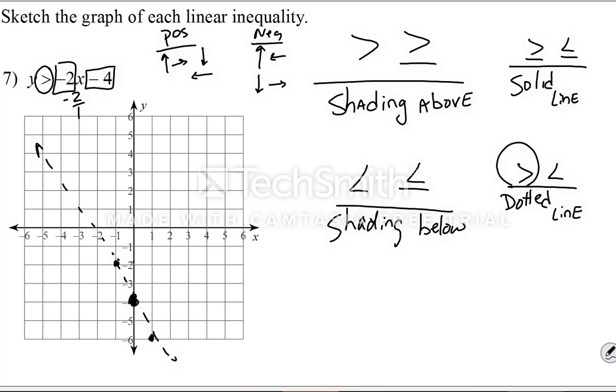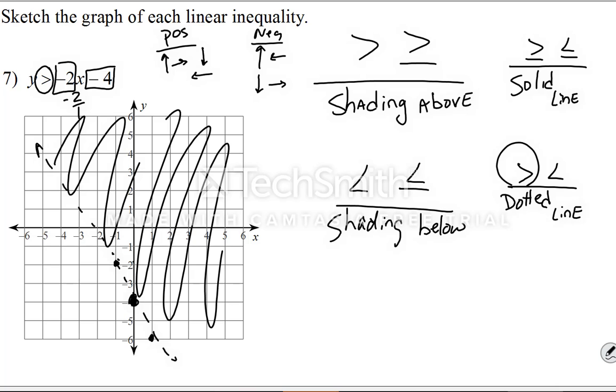Because the symbol says greater than, what numbers are greater than -4? It says shading above. So -3, -2, -1, 0 is bigger. That is why I shade above that particular dotted line, because all the numbers above -4 are above that on the graph. Let's go to the next one.